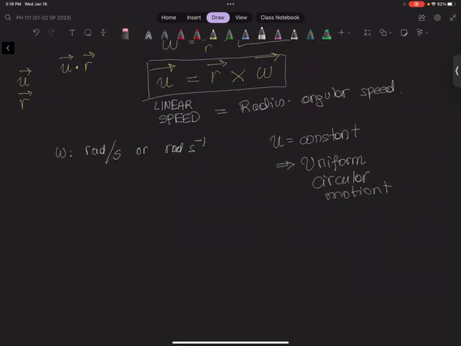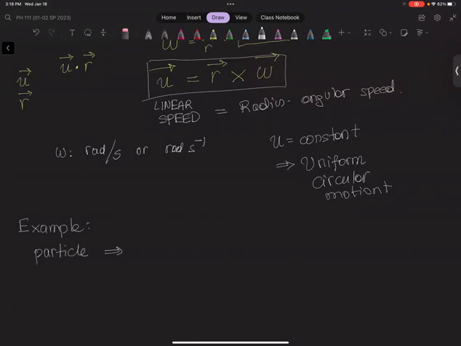Let us solve a couple of numerical problems that will build our confidence in this rotational stuff. Example. A particle is circling about an origin.